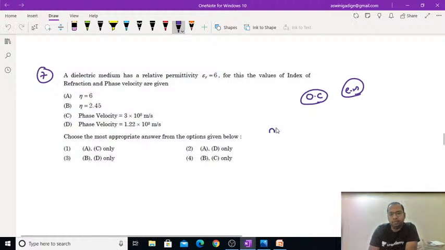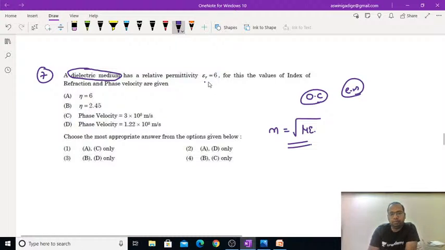Whenever electromagnetic waves are propagating from one medium to another medium, the refractive index we usually represent as n is equal to square root of mu into epsilon, where mu is the permeability and epsilon is the permittivity. And here they have given a dielectric medium.